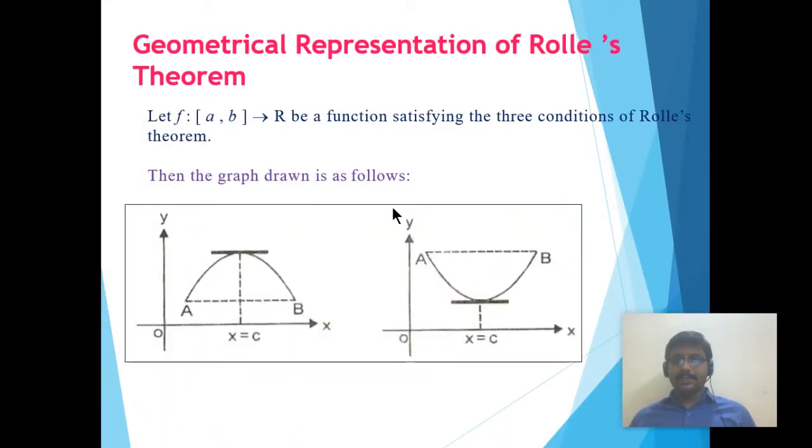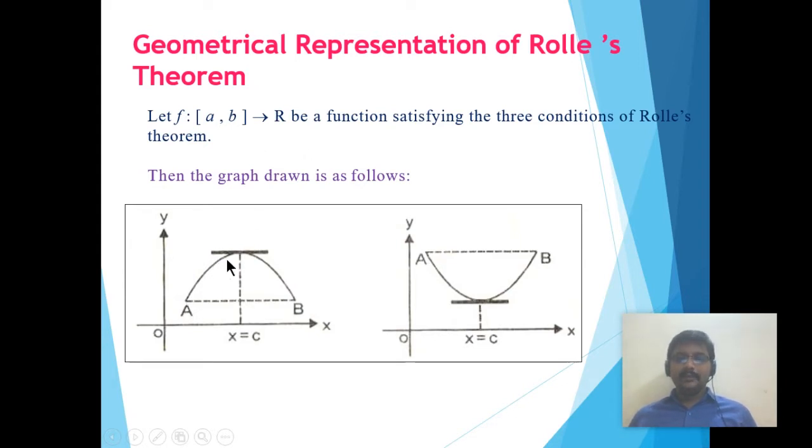Geometrical representation of Rolle's theorem. Suppose f from closed interval a, b to R is a function satisfying the 3 conditions of Rolle's theorem, then the graph is drawn as follows. Whenever the function satisfies the three conditions, we can draw the graph.